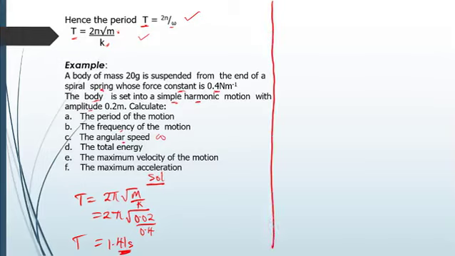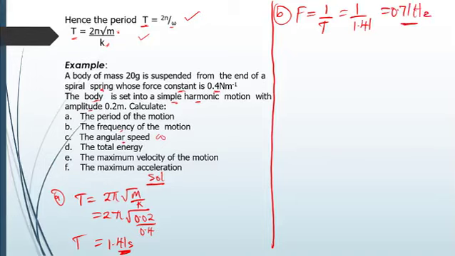Now, for this second one, this is the B part of the question. We are asked to calculate the frequency of the motion, and the formula for frequency is f equal to 1 over T, which gives us 1 over the time, which is 1.41 seconds, and we have 0.71 hertz. That is the answer. For the C part of the question, we're asked to find the angular speed.